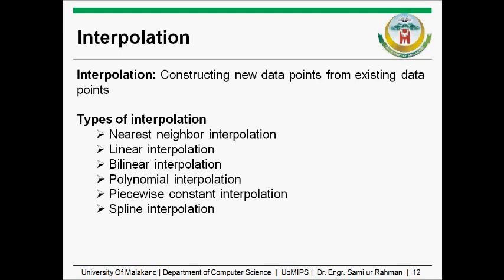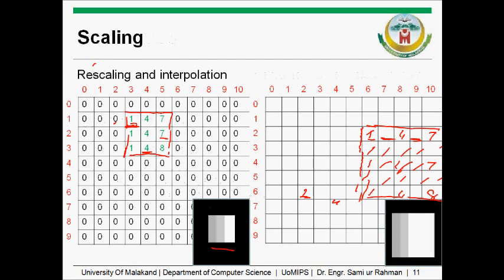For example, if we have some value at this position and another value at this position, and we want to fill these 3 pixels, then maybe taking the average of these 2 pixels and replacing this pixel by that average value, I don't think that would be a good replacement.